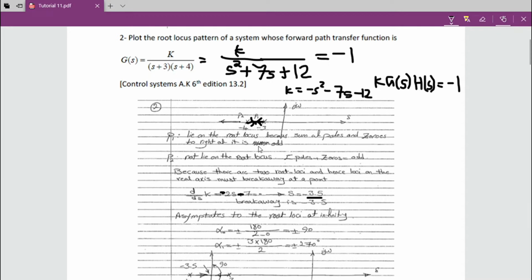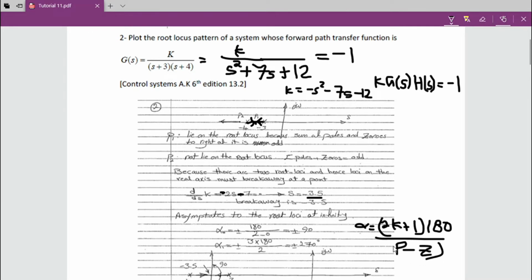The asymptote angle is given by (2k plus 1) times 180 degrees upon the number of poles minus the number of zeros, right? The formula is to identify the angle.